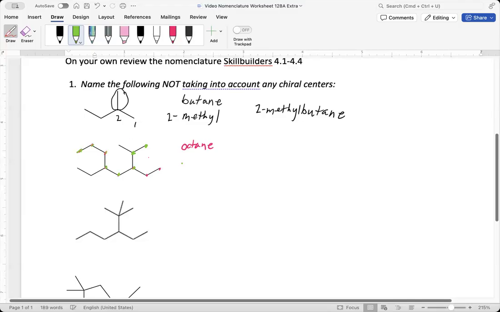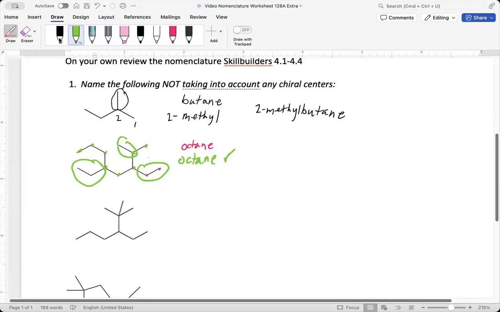That would also be octane. But now in this case, I have 3 substituents. So remember we said if there was a tie, both of these are octane, I want to choose the route that gives me more substituents. So I'm going to choose the green route. So my parent here is octane.